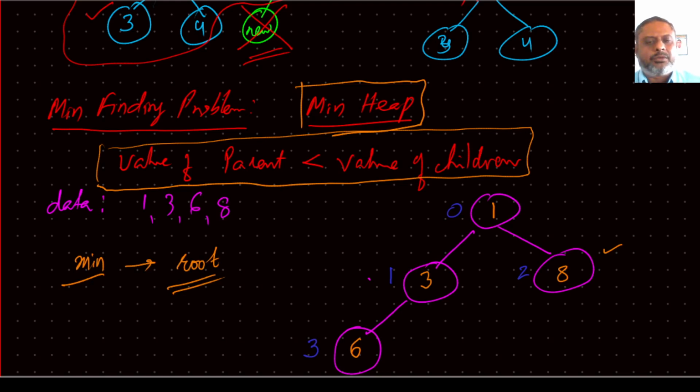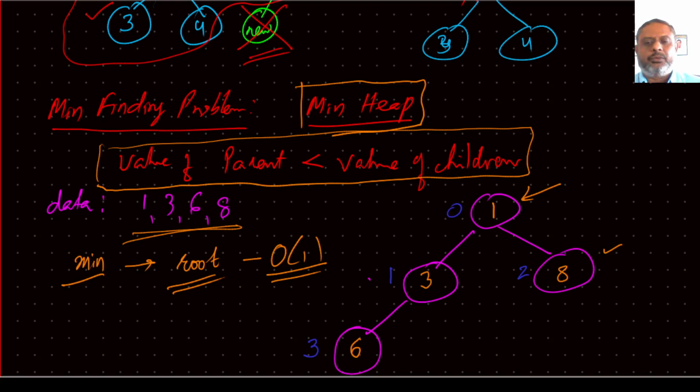Whenever you want to see what the minimum value in this list is, just look at the root, and the root says 1 is definitely the smallest among all these. So that's the easiest way. It's order of 1, a constant time action, to identify the minimum.